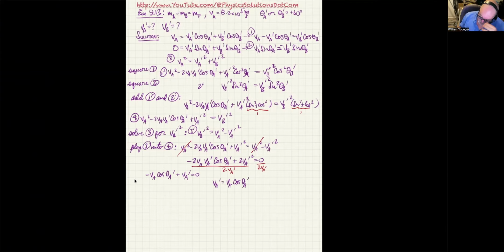So we can go ahead and assume for a second that theta A prime is the 60 degrees, and we'll see what comes of that.